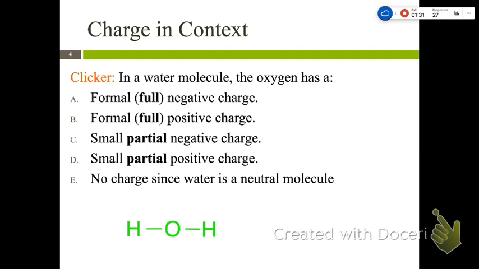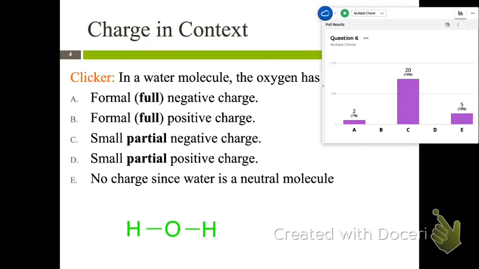Feeling good? Feel like we're all on the same page? Closing out. All right. Not all on the same page. Split kind of all over the place.